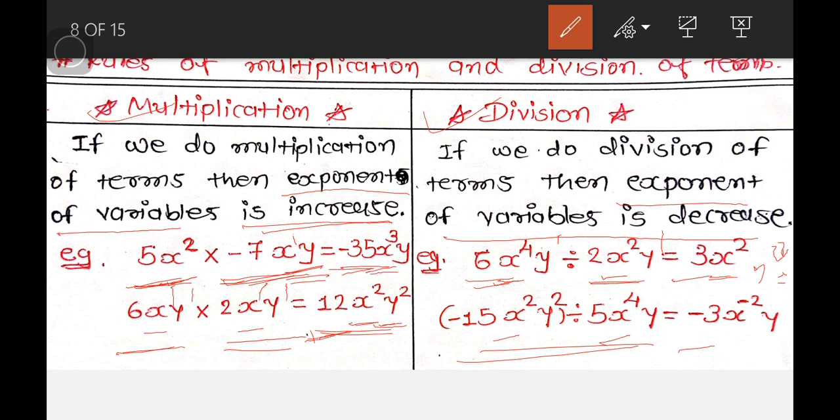So we subtract 2 from 4 and get x raised to 2, but since the denominator is larger, we put a minus sign. From y square we subtract 1 from 2, then we get y raised to 1. At the end we get the answer minus 3 x raised to minus 2 y.